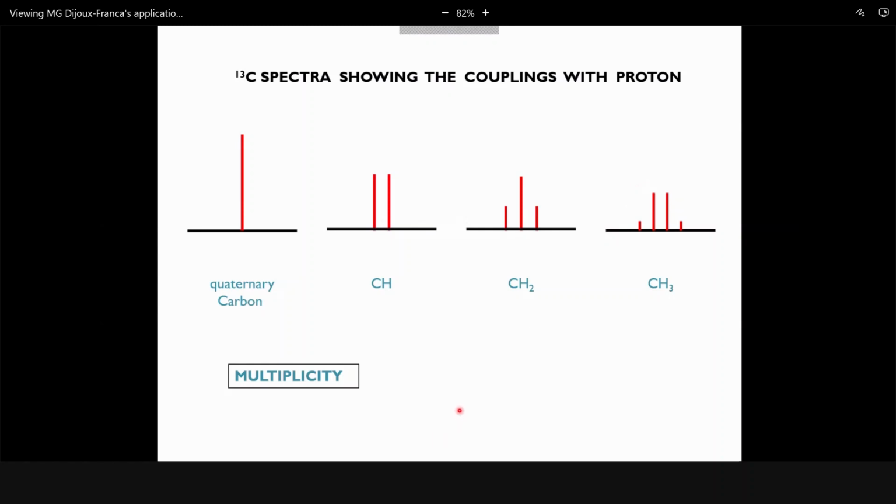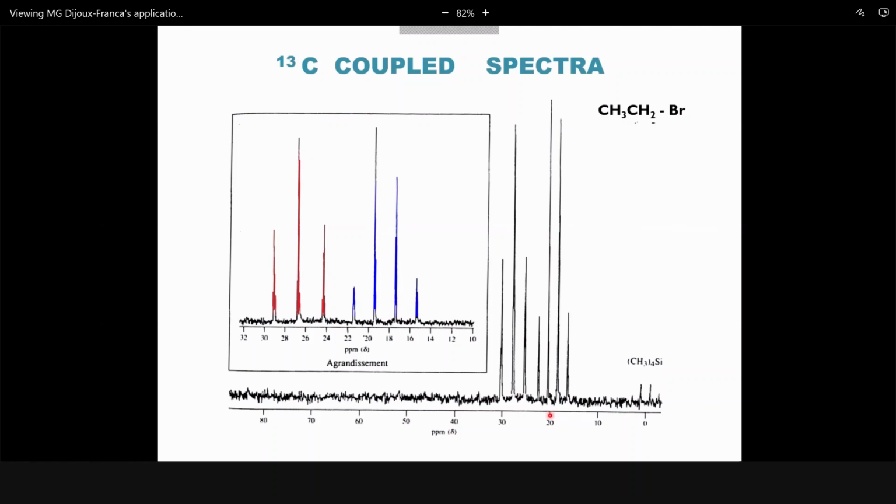So we used to say that the multiplicity will decrease the ratio between the signal and the noise, and also decrease the sensitivity. That is why we will do something to suppress the multiplicity, and have only singlets for all the carbons, to have a greater sensitivity in the signal.